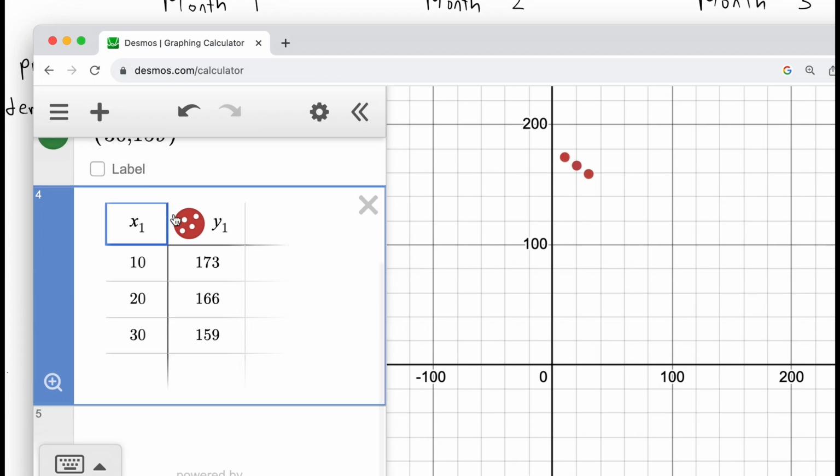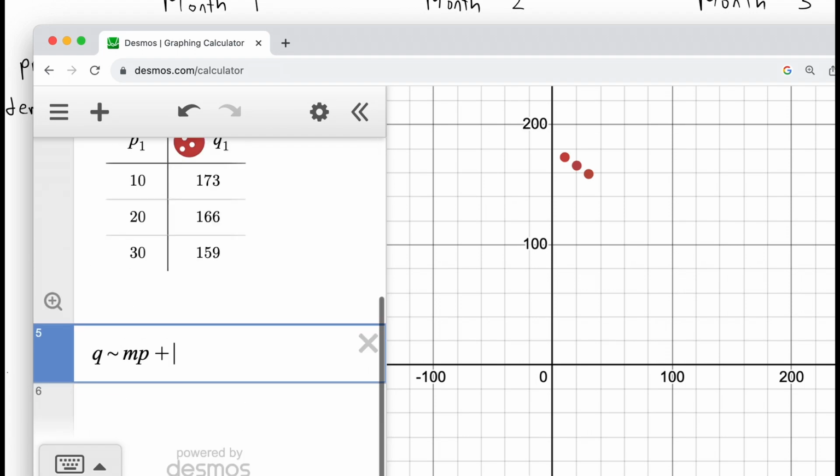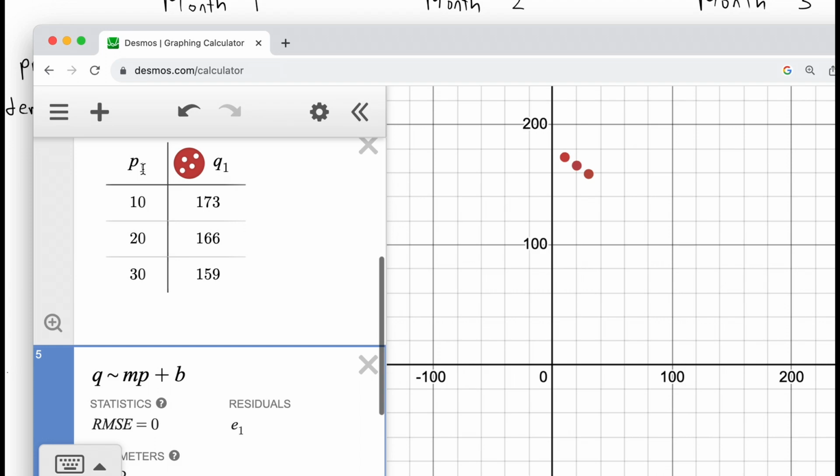Now if I label these with the letters that the question gave, we'll make the horizontal P and the vertical Q. And we want the formula Q tilde M P plus B. However, we have to put ones on our P's and Q's.